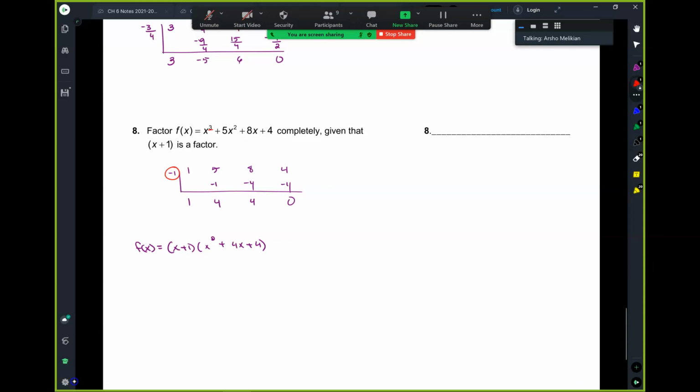So the numbers on the bottom will be the coefficients of the depressed polynomial. So it'll be 1x squared, 1 less than 3, then x to the 1, then x to the 0. So that'll be x squared plus 4x plus 4. And I can factor this further. So it'll be x plus 1, x plus 2 squared.